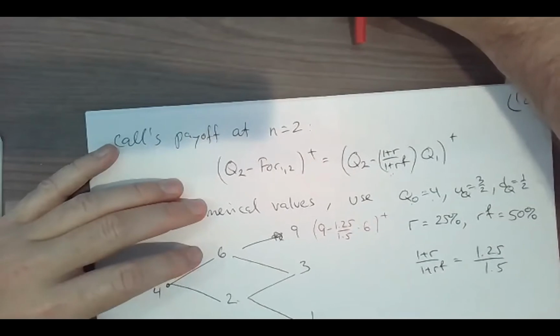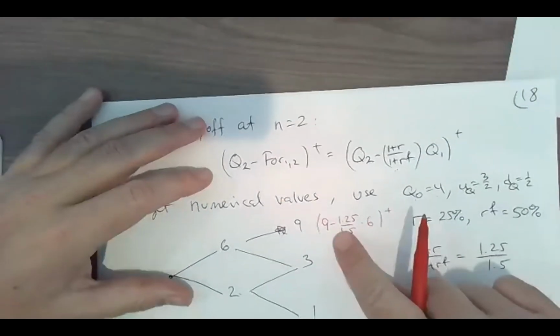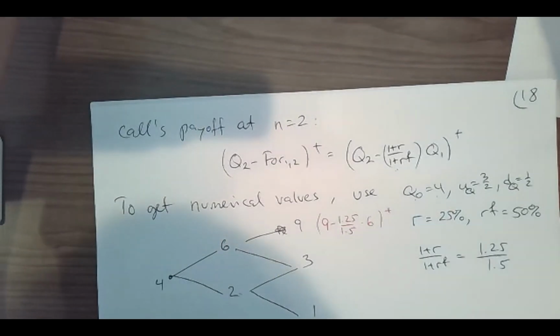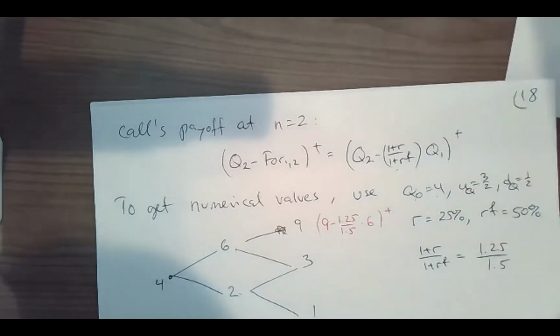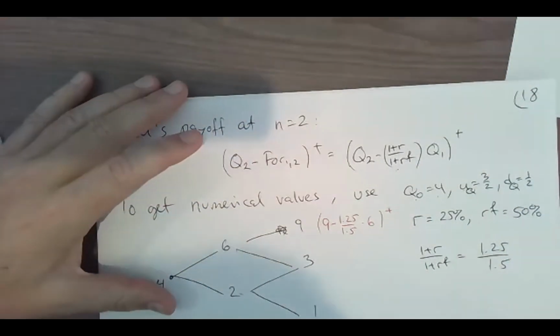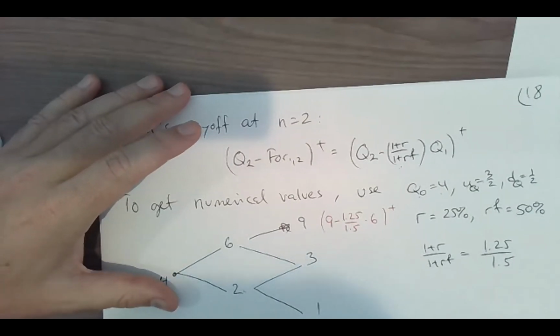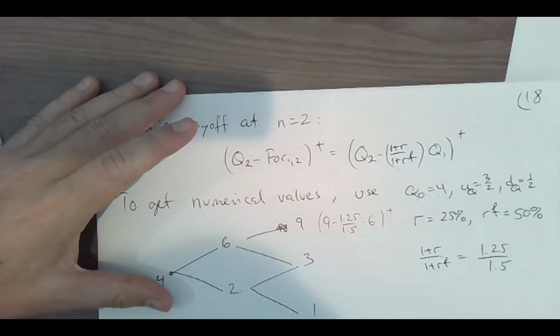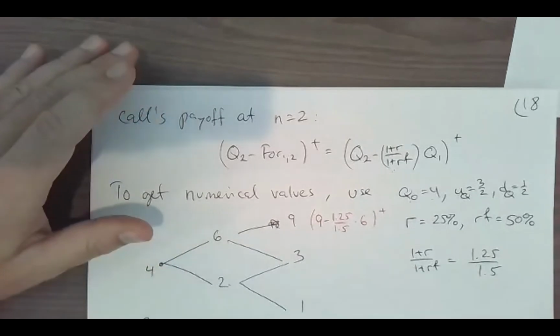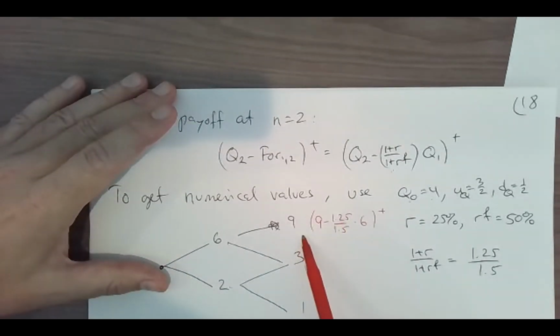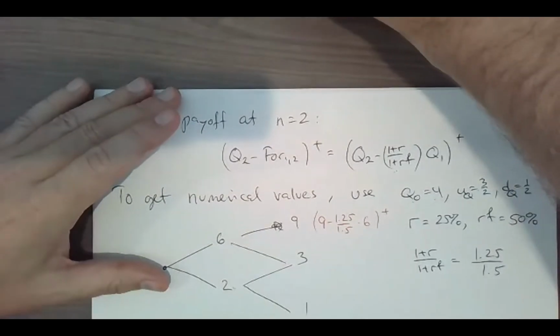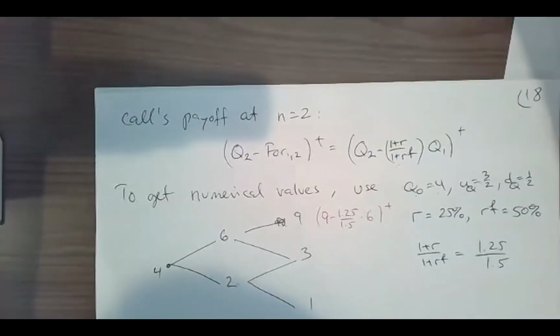Just want to make sure I got the right numbers here. So what do we get here? This is 1.25 divided by 1.5 times 6. Yeah, I think I messed up in my solution. I wrote a 3 in the solution. This is off. Let's make sure I got it right. So 1.